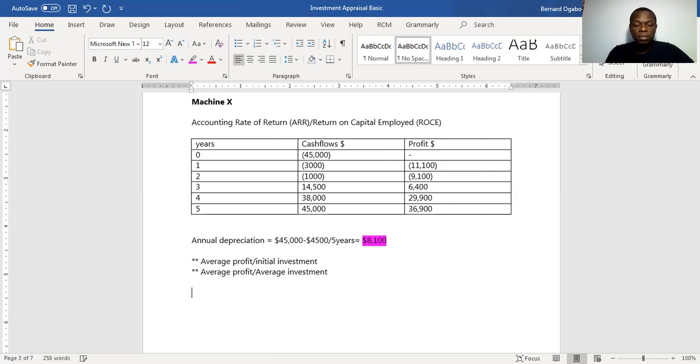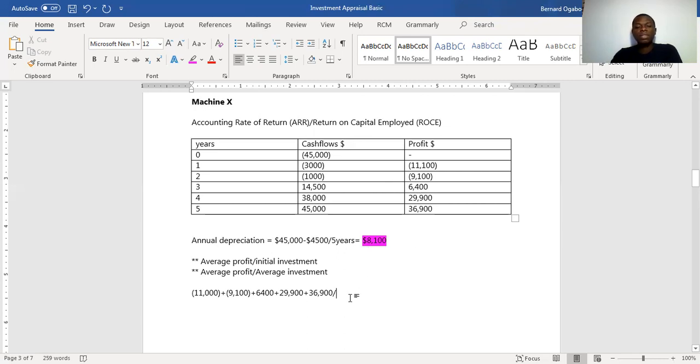So accounting rate of return here will be negative 11,100 plus negative 9,100 plus 6,400 plus 29,900 plus 36,900, all divided by how many years do we have? 1, 2, 3, 4, 5.